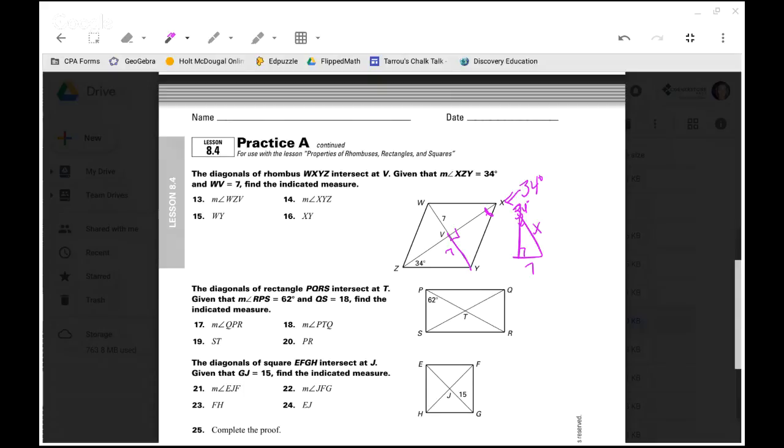And we're solving for the hypotenuse. Does it sound like anything we've done before?